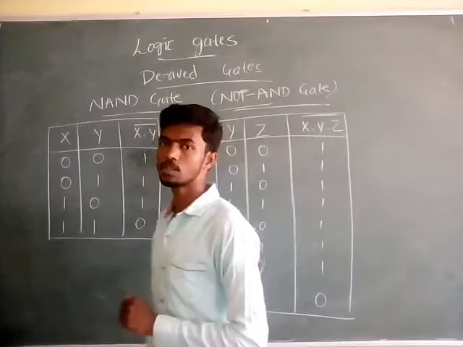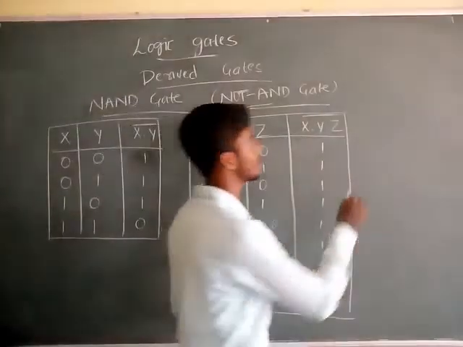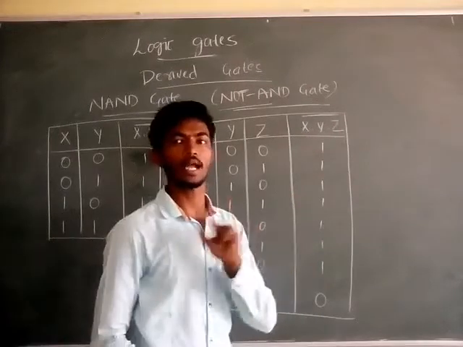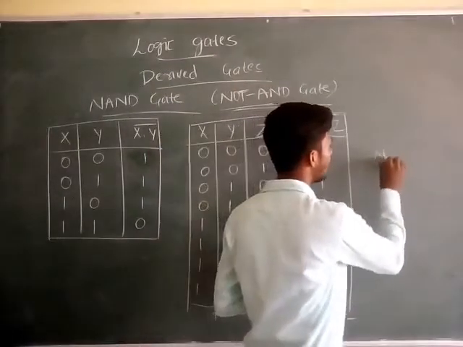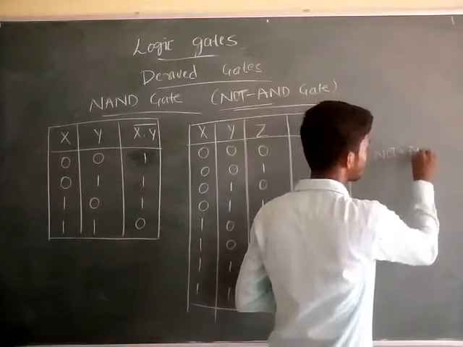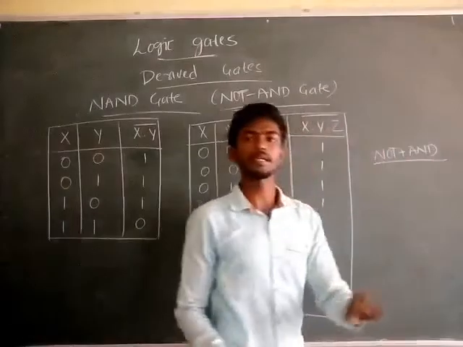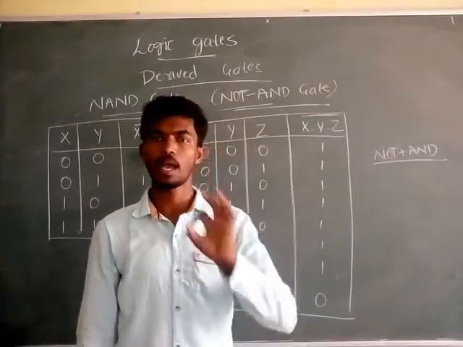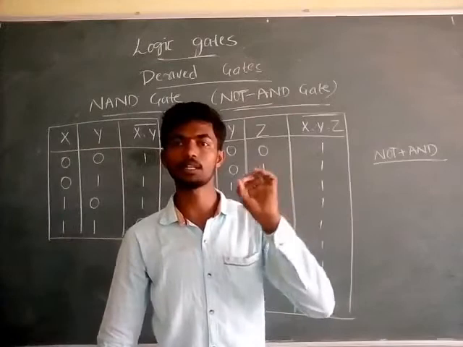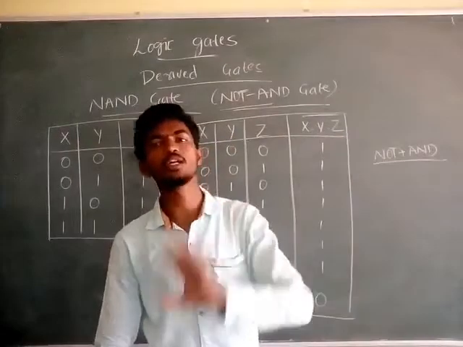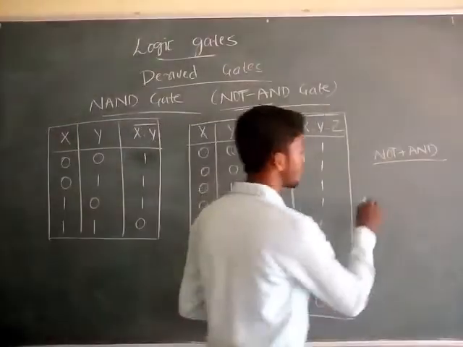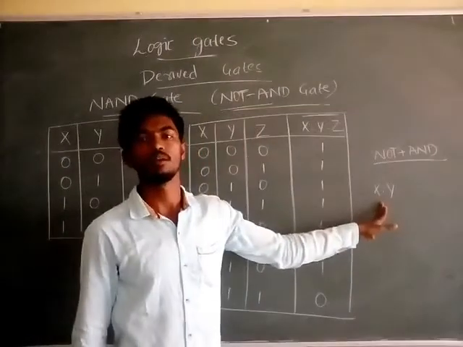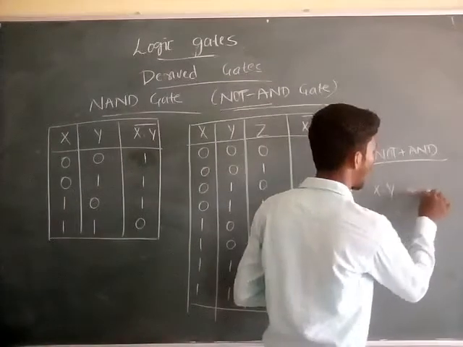Here you can observe the operation of a NAND gate, which, as I have told you, is nothing but a combination of a NOT gate and an AND gate, where the AND gate is preceded by the NOT gate to form the NAND gate, where X and Y will give you the AND operation.